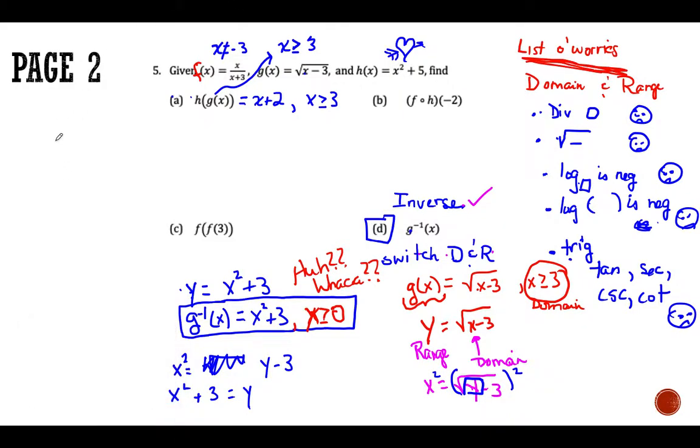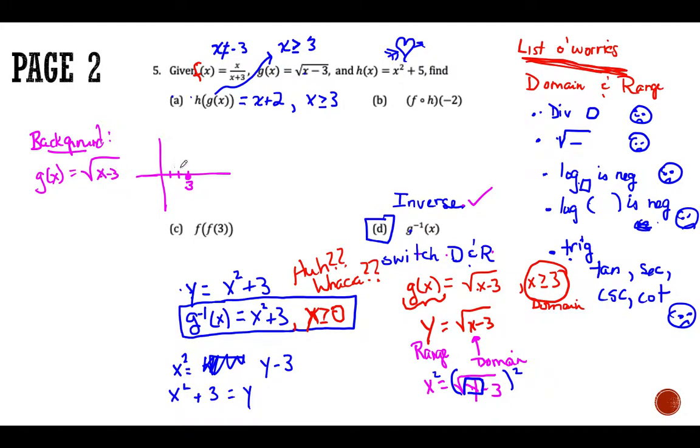Let me do a little background information. The original function g of x is a function where the first number you're allowed to put in is 3.